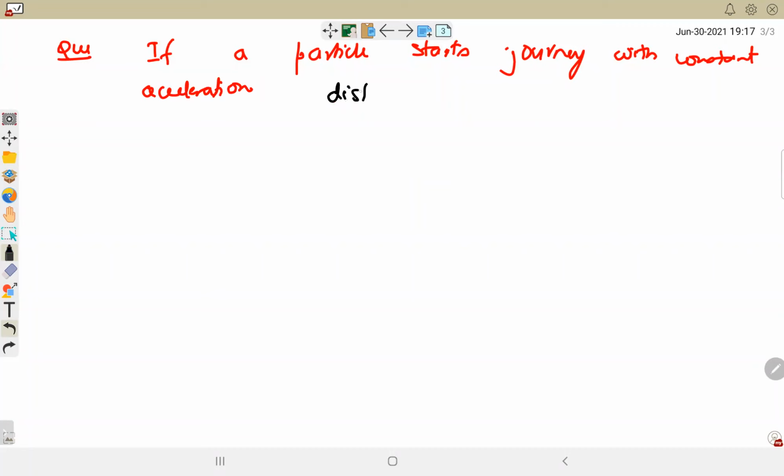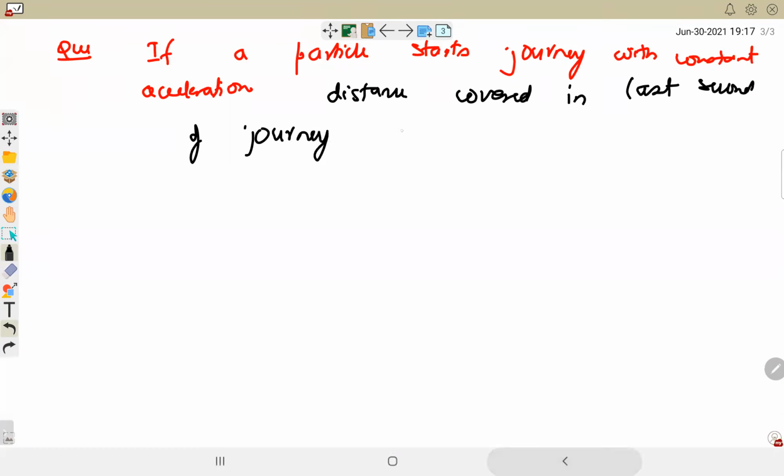The distance covered in the last second of the journey, with a constant acceleration of 6 meter per second square, that is given, and it is given that the distance covered in the last second of journey is 9/16 of the total journey.